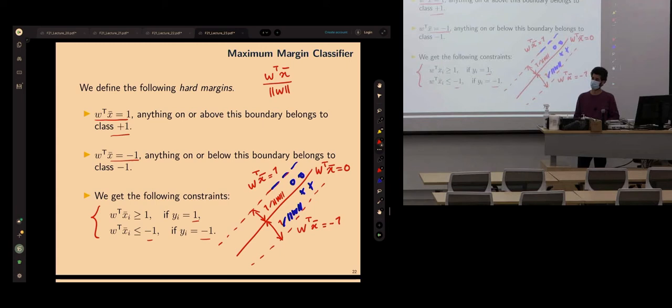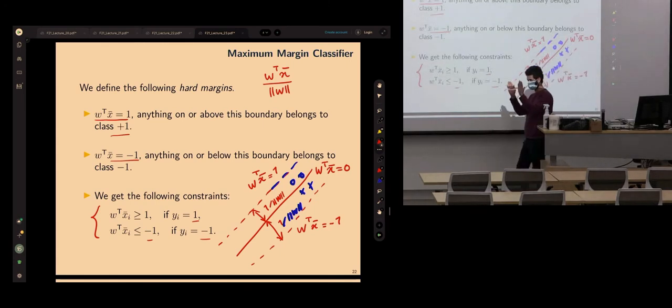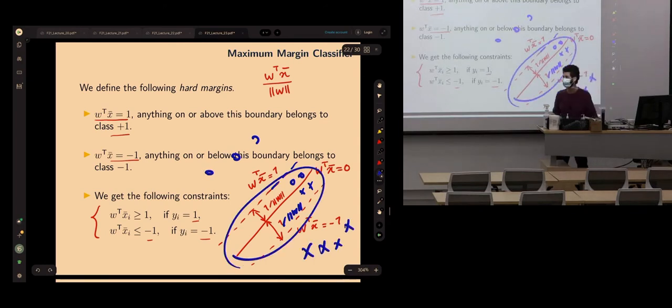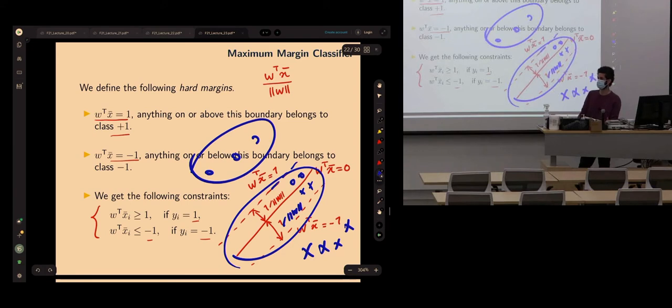So 1 does not mean a hard distance. In fact, we're after this margin. That's the point, because I do not care if there is a point here. All that matters is all the points around these margins. The classifier will only try to fix this margin. In fact, these other points do not have any weight in the optimization, which is the idea behind the naming of support vector machine.